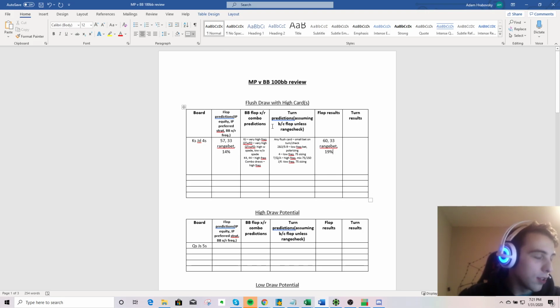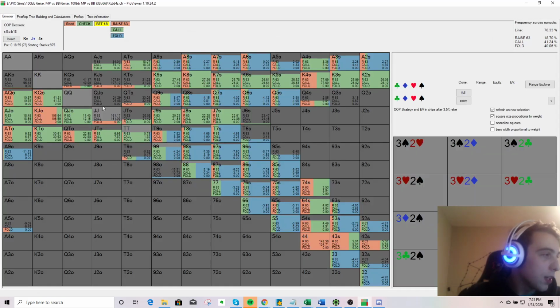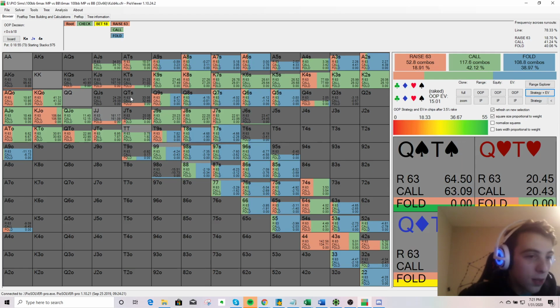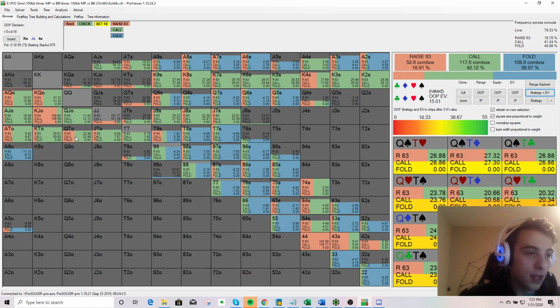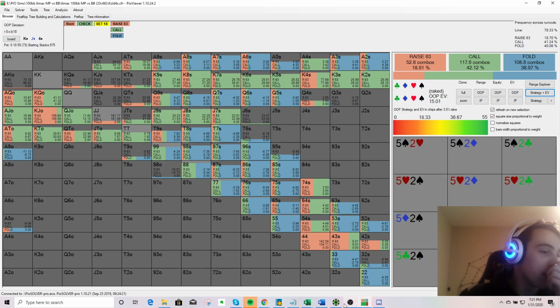And so our check raise combo predictions, we had the King Jack, Queen 10 combo draws, King 4 and 4s. So let's take a look here. So Queen 10, even without the combo draw, is raising pretty often here. Queen 10 off with a spade is much higher frequency than without a spade, which we did predict.